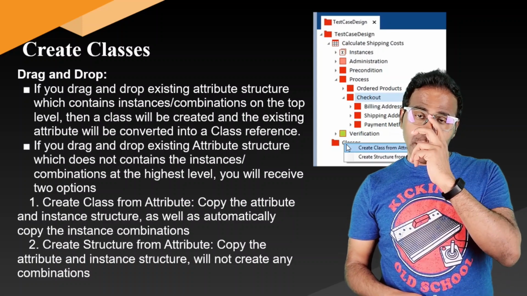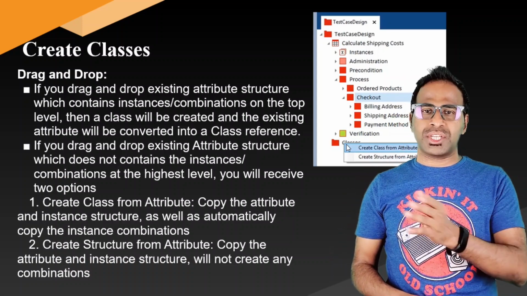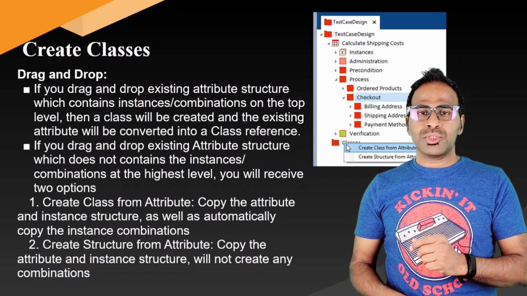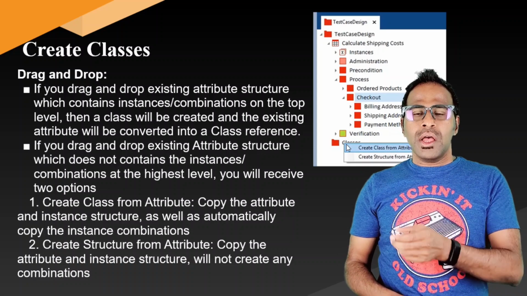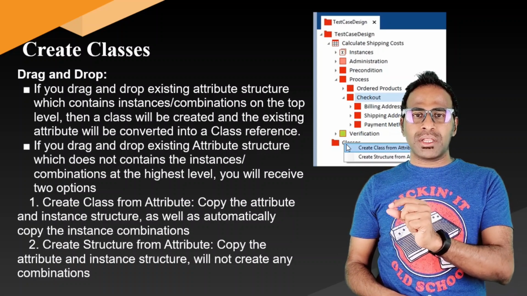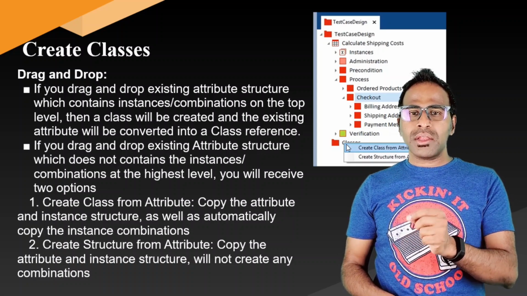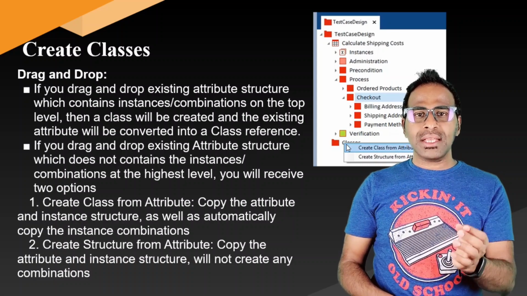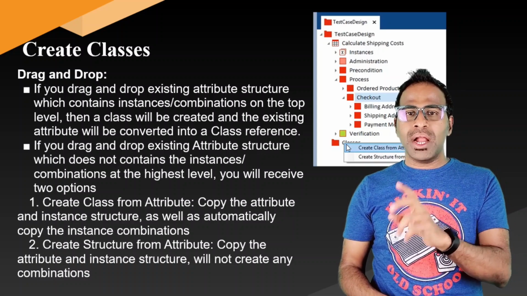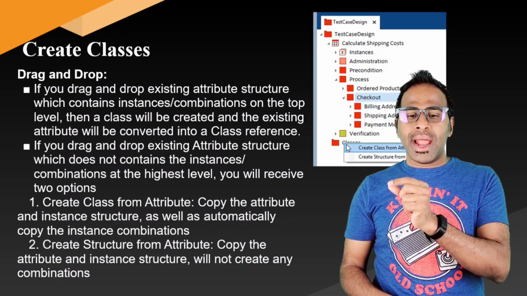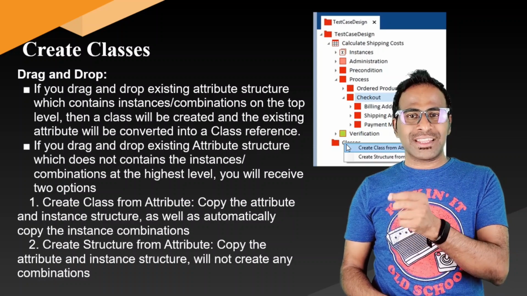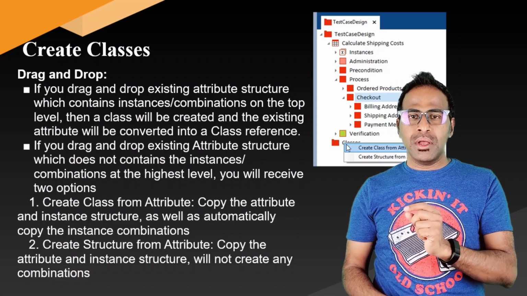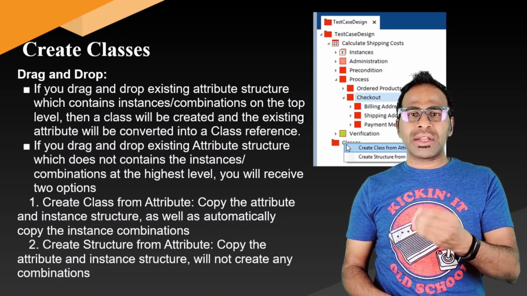That means, let's say you have already created one test sheet for one of the test data combinations for your test case. You can basically convert any attribute, or any attribute structure, within that test sheet to a class by dragging and dropping. But the condition is that your attributes, your instances and the combination should be at the top level. So keep in mind. I'm going to show you practically, then you will understand clearly.